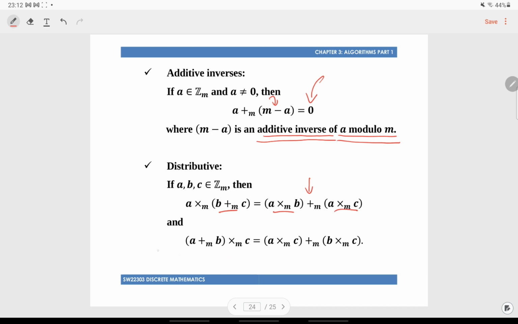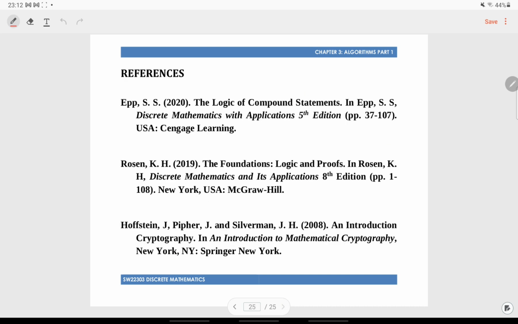It is also applicable to the other form. Distributive is the combination of two operations, addition and multiplication. So we can expand the operation (a plus b) times c by multiplying c inside the parentheses. We obtain a times c mod m plus b times c mod m. This is what we call the distributive property. Okay, so that's the end of this part.